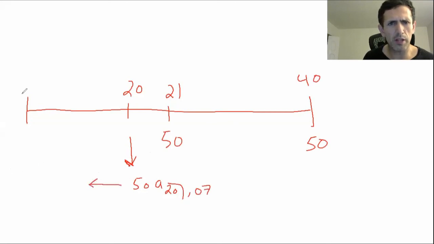Okay, but we want it at t equals 0. So we have to discount this by 20 years, because we don't want its value at the end of the 20th year.